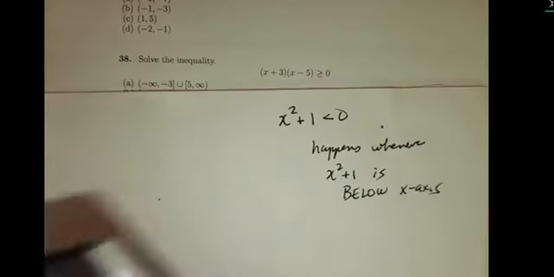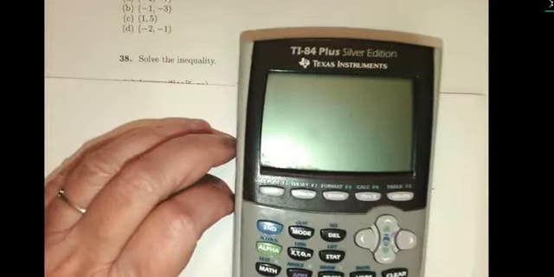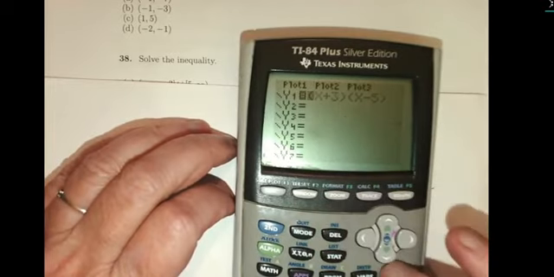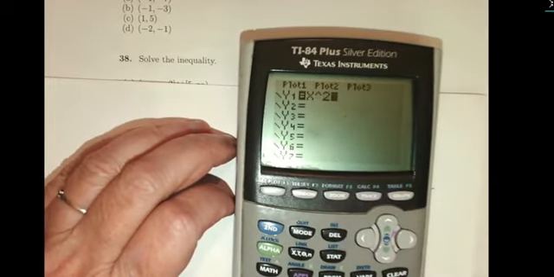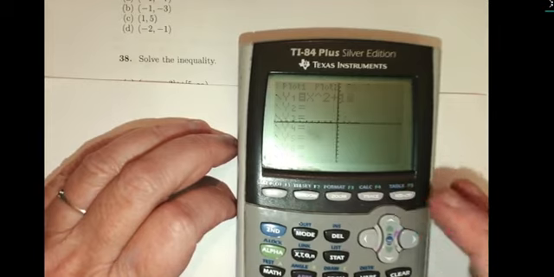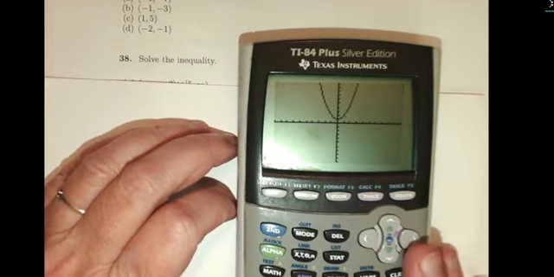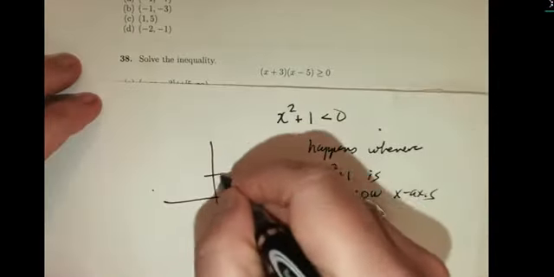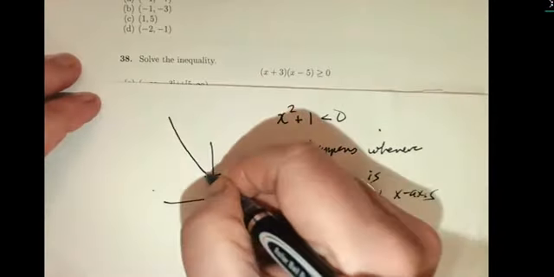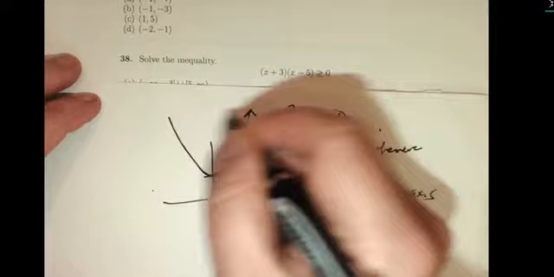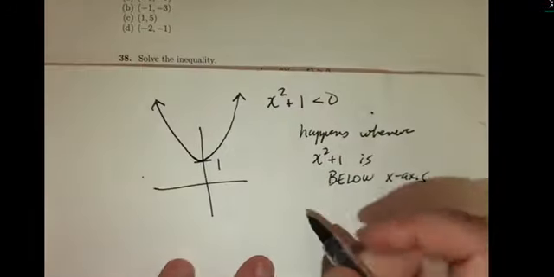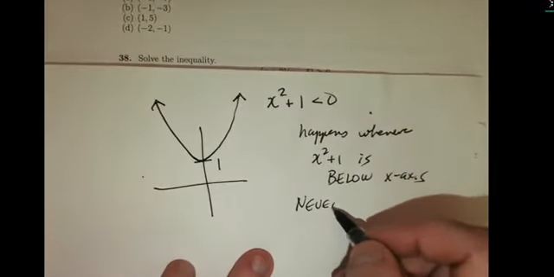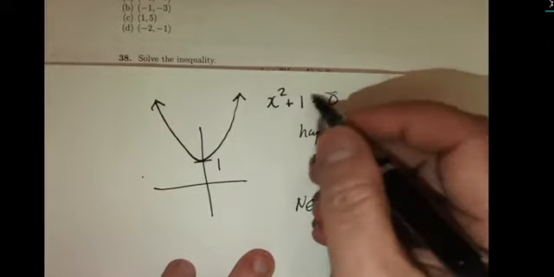Okay, and so let's look at x squared plus 1. That is never below the x-axis. So that never happens. And so there's no solution to that.